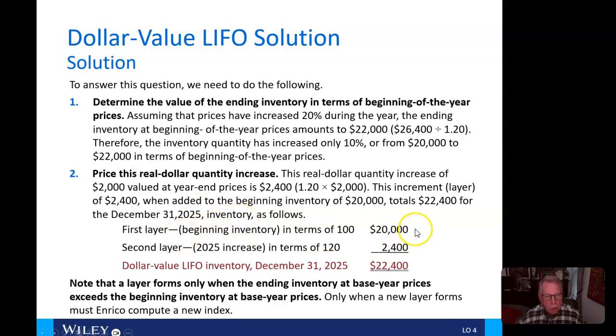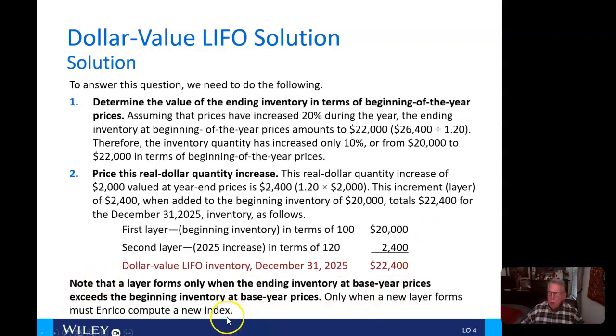So the first layer was 20,000. The second layer, the 2025 increase in terms of 120%, was 2,400, not 2,000. So the dollar value LIFO inventory was 22,400.